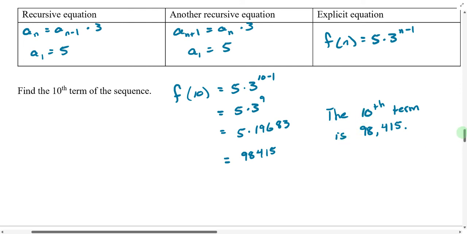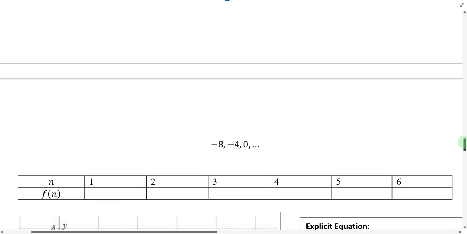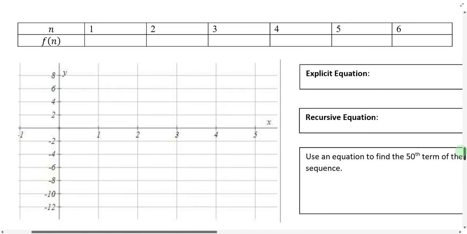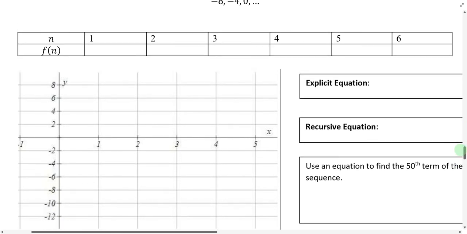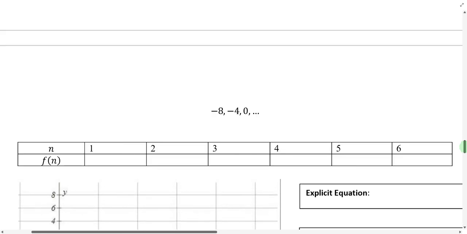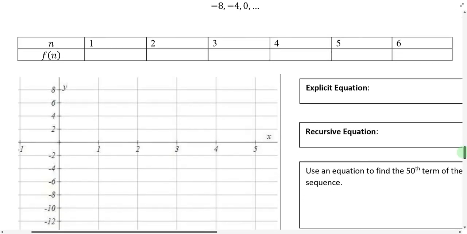Okay. All right, so let's go to the next page here. These ones, again, I want you to try on your own. So you'll pause the video and then come back and check your answers, make sure you're doing these right. But this is another multiple representation, so you want to get the table, graph. This time we have explicit and recursive equations that we want to find, and then a prediction for a future term.